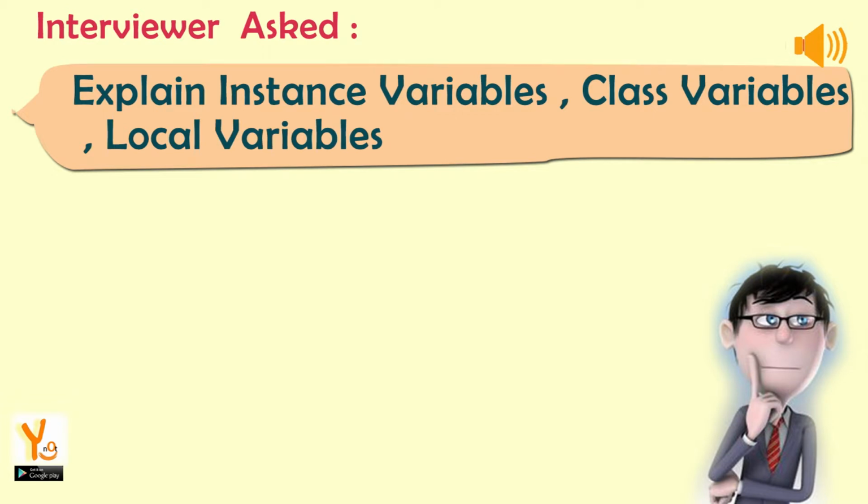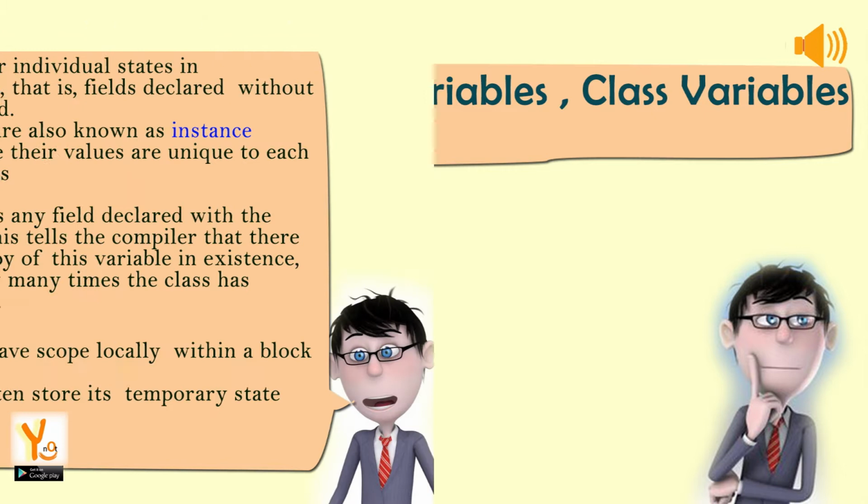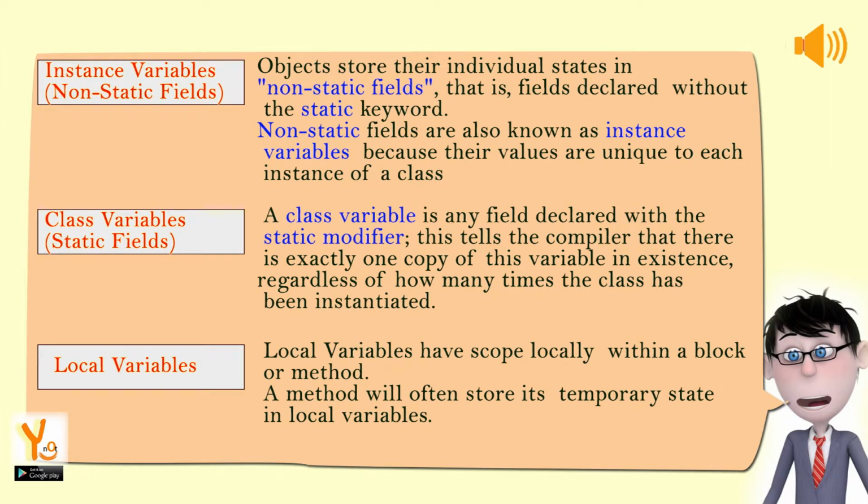Explain instance variable, class variable, and local variable. Instance variables or non-static fields: objects store their individual states in non-static fields, that is, fields declared without the static keyword. Non-static fields are also known as instance variables because their values are unique to each instance of a class.